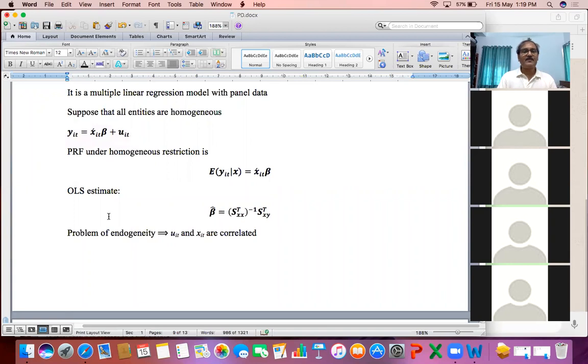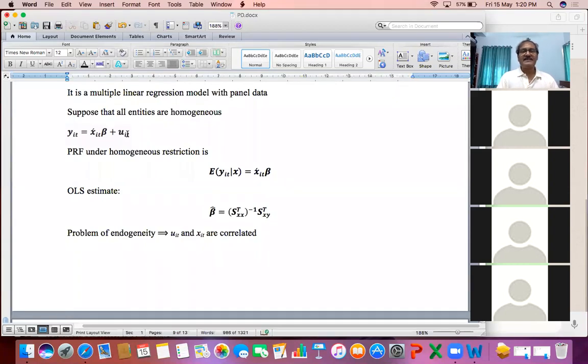To remove this endogeneity, we can separate out that part of the error which is responsible for endogeneity. For example, suppose we separate out the level of intelligence of the workers, which is responsible for the heterogeneity across workers. One worker is different from another because of the level of intelligence, or the level of efficiency, whatever it may be.